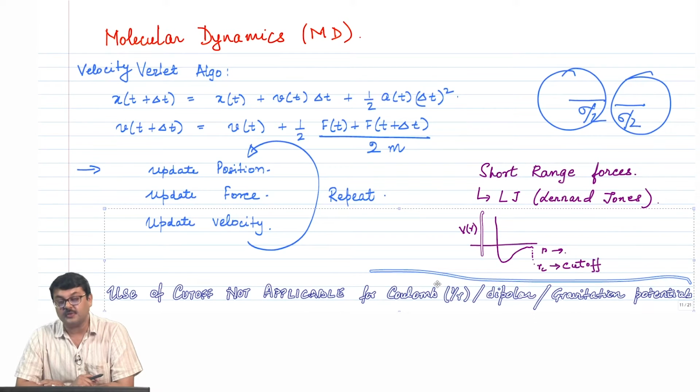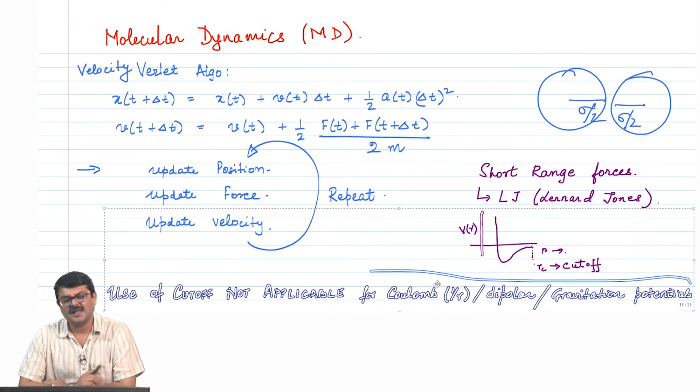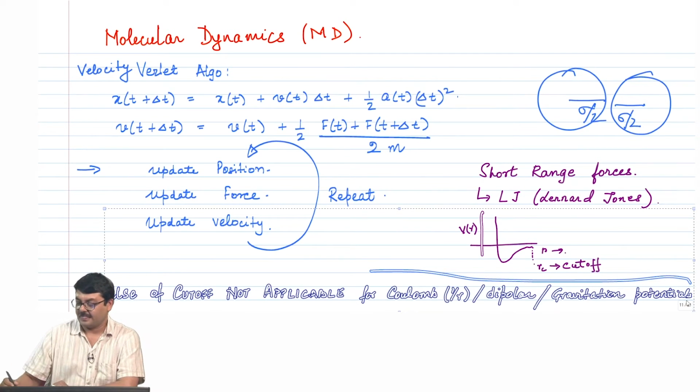Those are long range forces and one cannot use the concept of a cutoff. As we discussed even last time, there one uses slightly different methods to calculate the forces. The rest of molecular dynamics simulations remains the same.